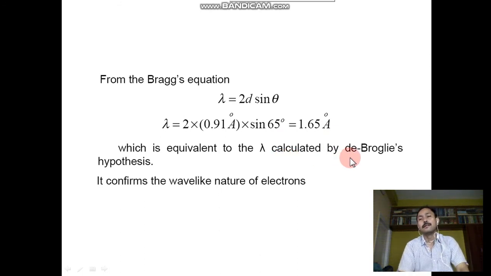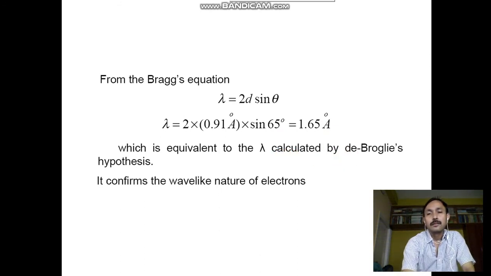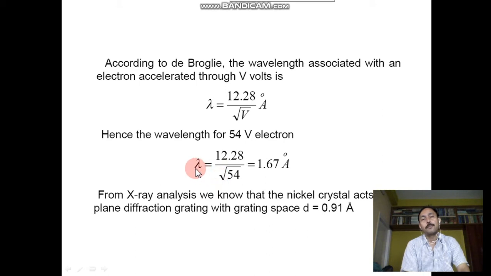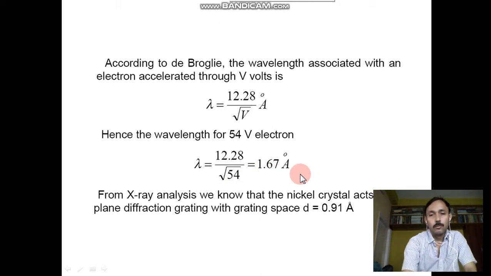We have calculated in our earlier slide, for 54 volt from the de Broglie equation, lambda is equal to 12.28 by root 54 angstrom, which is 1.67 angstrom. So this is the de Broglie theoretical value.